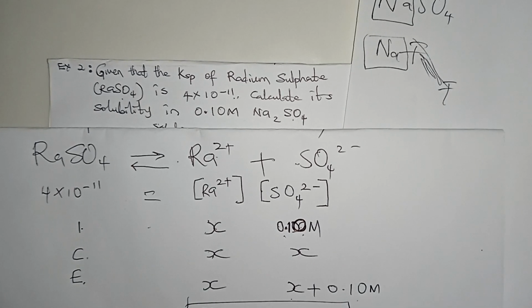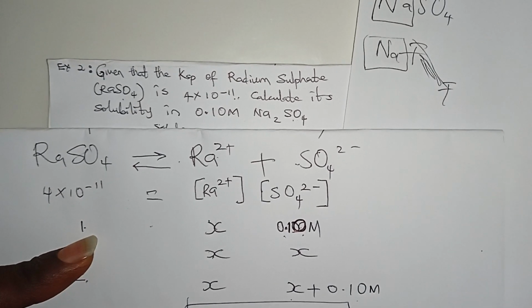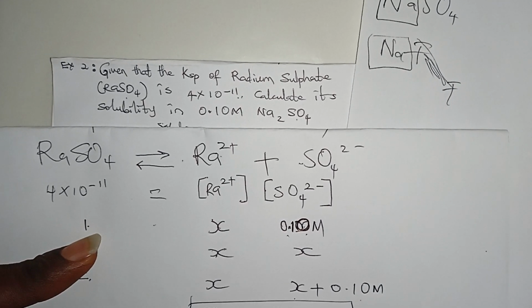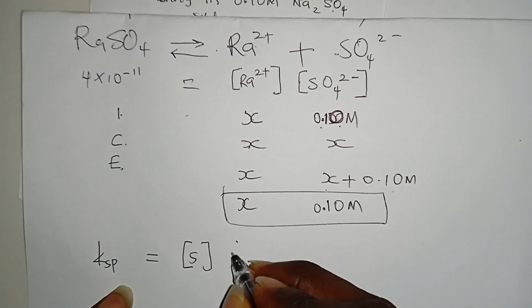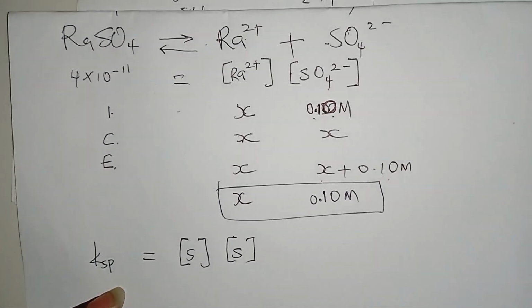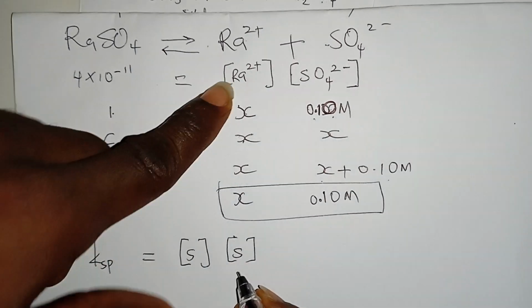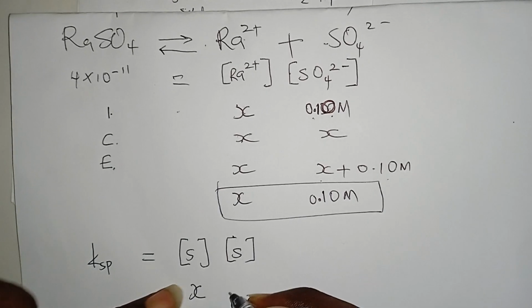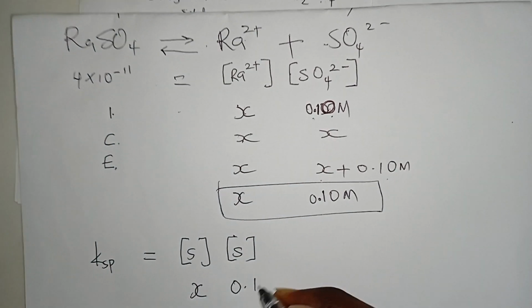So if you know this, you remember that Ksp is equal to the product of the ion concentrations, the solubility. So let me now carry this on. Radium 2+ in this case is x, and this one is 0.10.